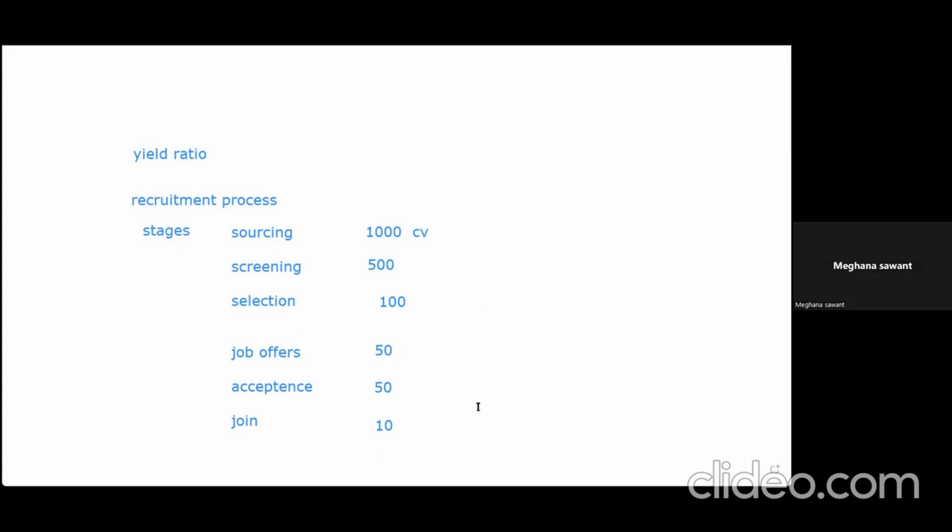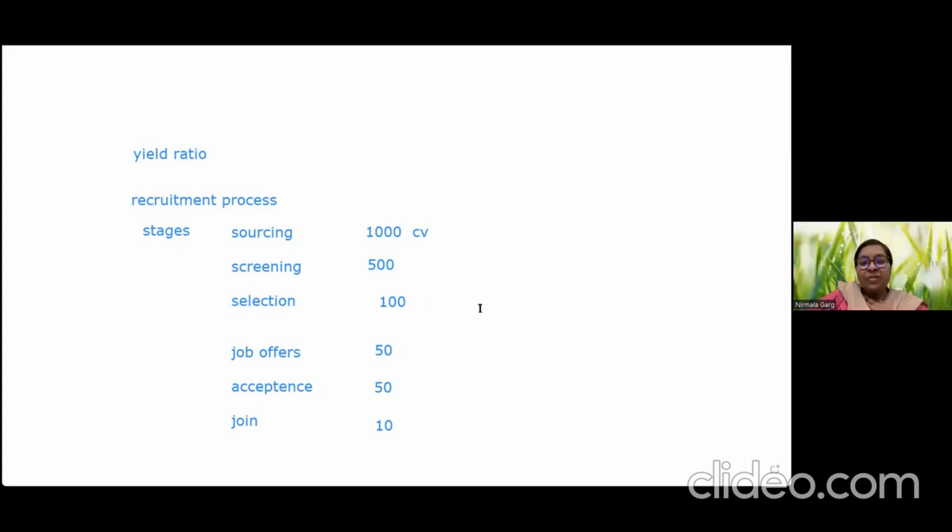So we find the ratio on the basis of the number of sourced CVs against the number of joiners. That is the yield ratio. One is the broad ratio of sourcing to joiners.